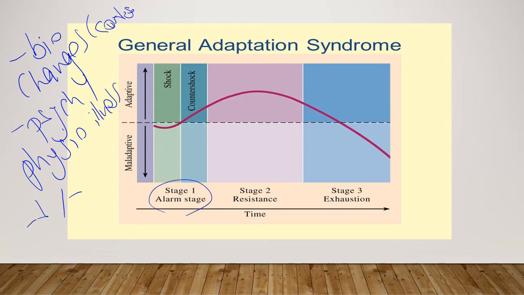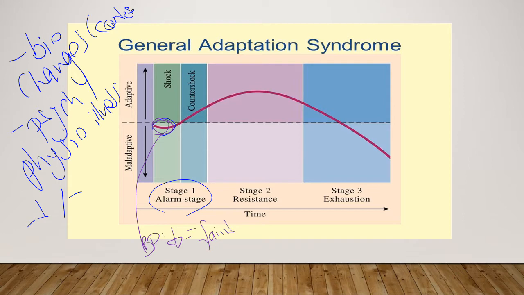So in shock, this is when we first perceive the threat, I suppose. So we first perceive the threat. I might change colours. So we perceive the threat, and here we are below the line of resistance, as we can see here, and this is when our blood pressure might drop, and so therefore we might faint.